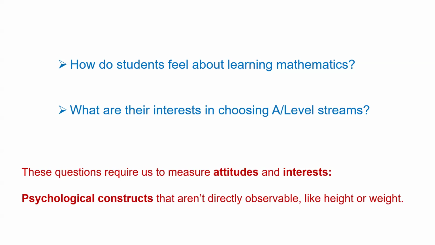Comparatively, you may say, but can you give an exact value like height and weight? They are called psychological constructs. We can't directly observe them. Then what to do?